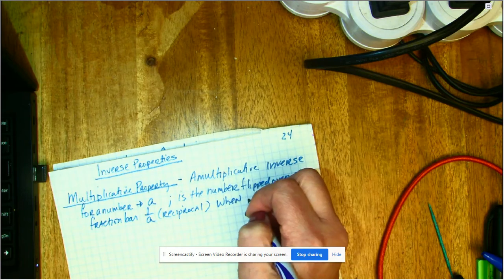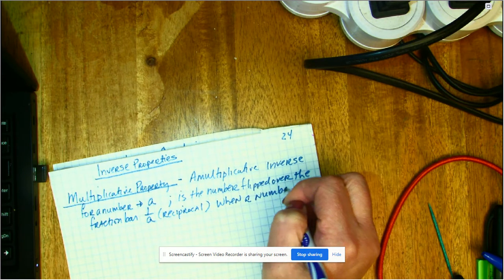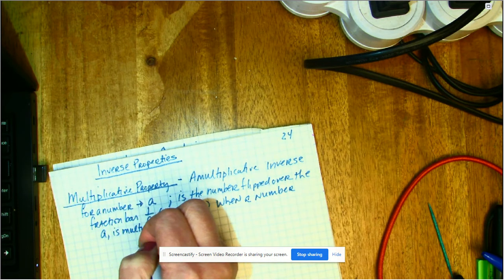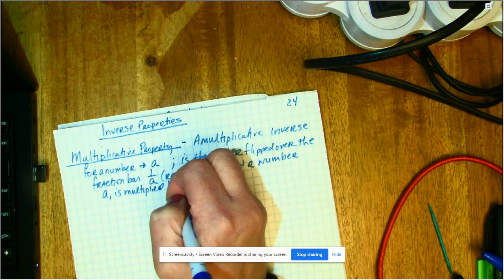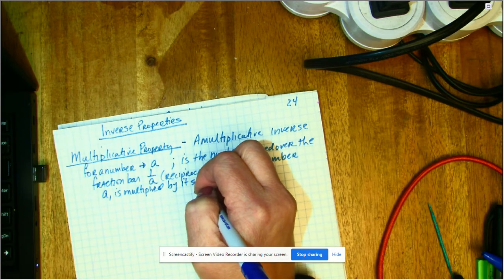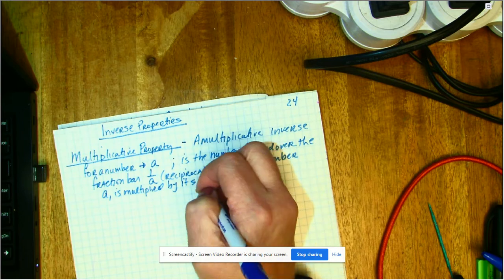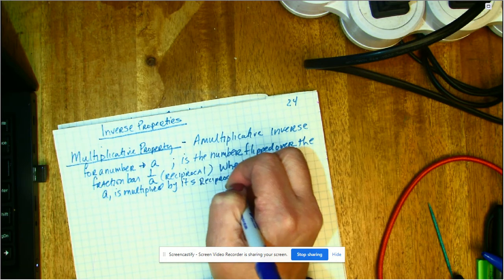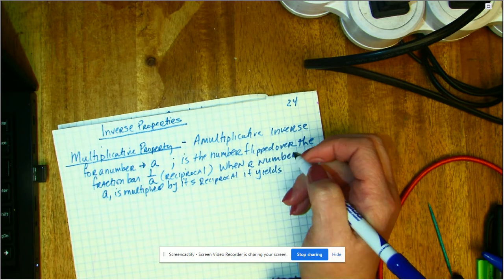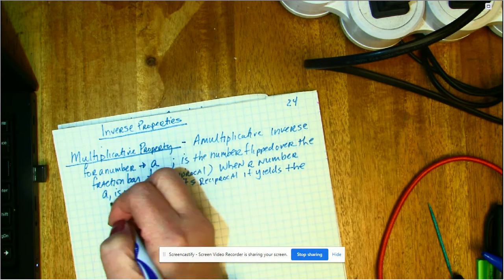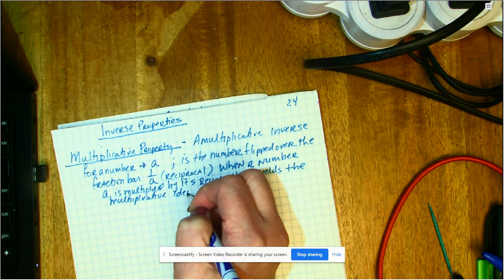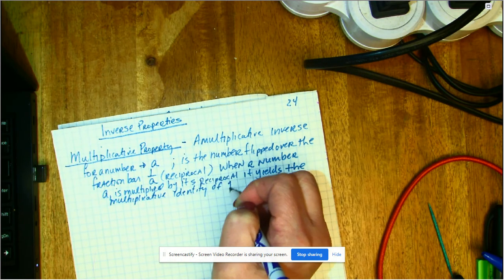So when a number A is multiplied by its reciprocal, it yields (yields is another word for equals) the multiplicative identity of 1.